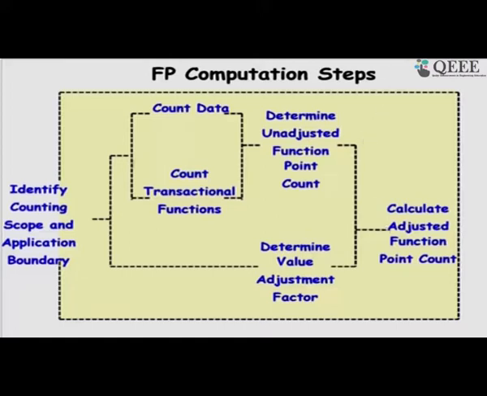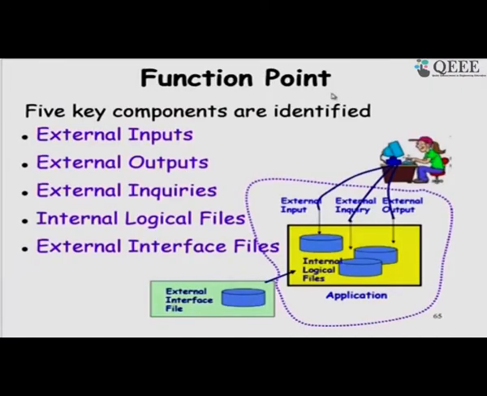So, let us see how we go about it, and we will look at a few examples and we will look at the tool. So, these are the 5 parameters he considered: external inputs which modify internal data, external outputs that are produced, external inquiries, inquiries are ones which do not change the internal data, just return some result.